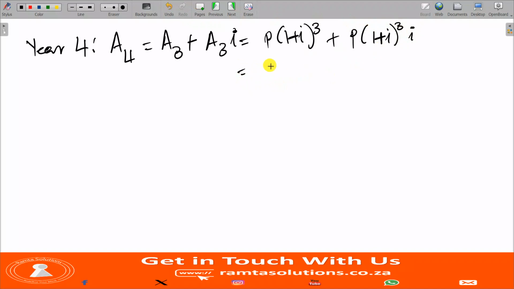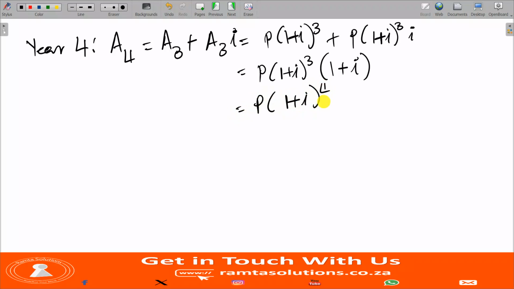So what is this? Common factor P(1 + i) to the 3, left with (1 + i). Alright? As you can see, when bases are the same, we add exponents. The exponent here is 1. This becomes P(1 + i) to the 4.